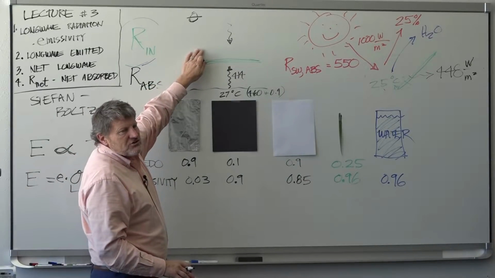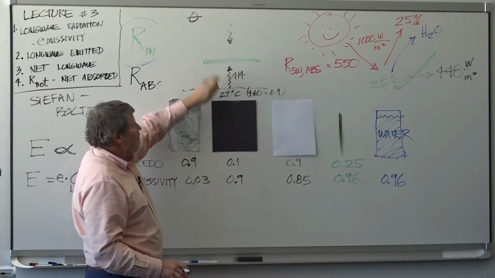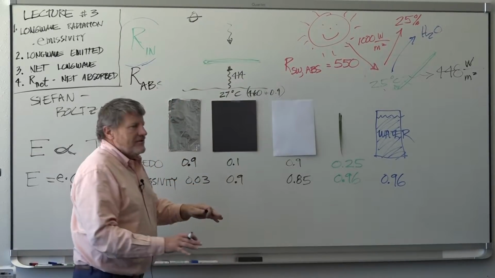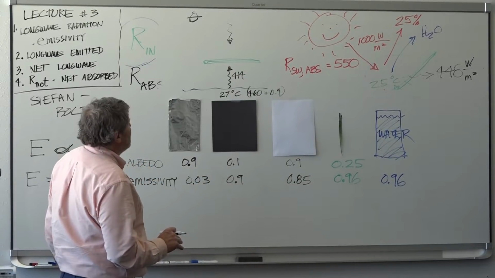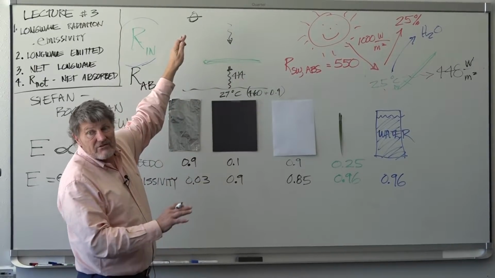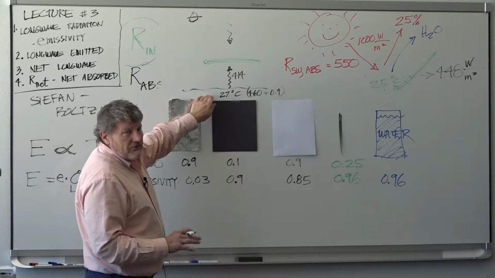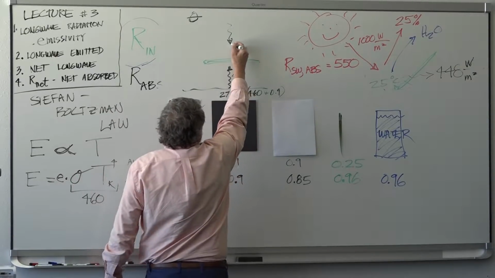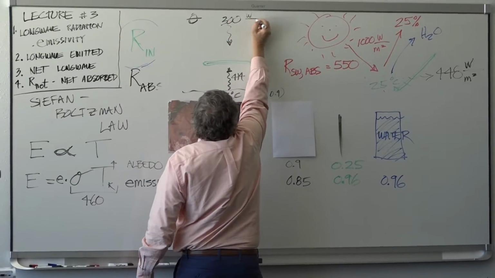We make careful measurements of this, and we get cold sky temperatures somewhere in between room temperature and 0, and we call that the effective sky temperature. And it depends somewhat on elevation. So it's colder skies at high elevation because there's less air. It depends on relative humidity a bit because the water vapor molecules affect it. But typically, from a sky, we'll get 300 watts per meter squared.